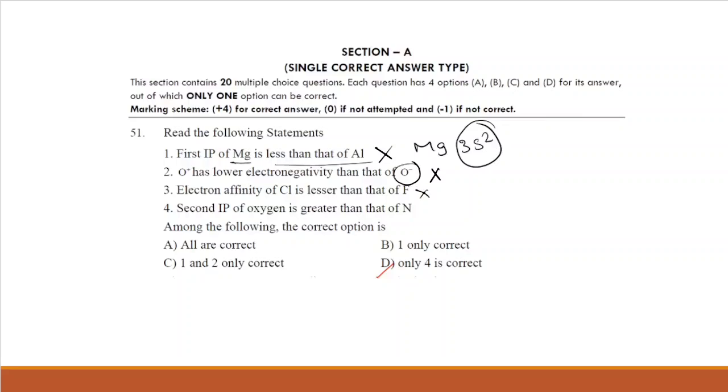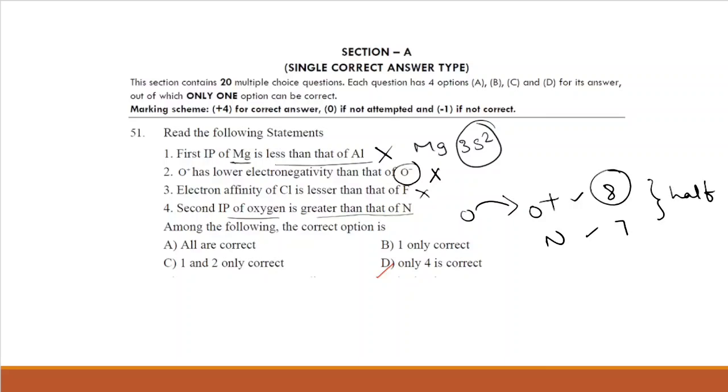What is the next one? Second IP of oxygen is greater than that of nitrogen. Second IP of oxygen means, after losing one electron it converts into O plus, and if we consider nitrogen, among these two there are 8 protons in O plus and 7 protons in nitrogen, and of course both have half filled configurations.